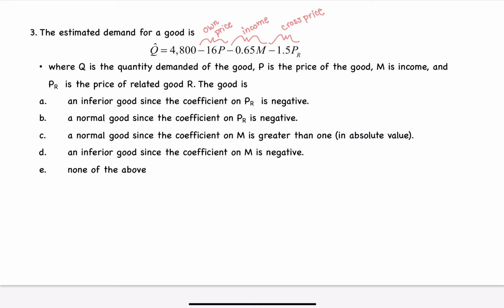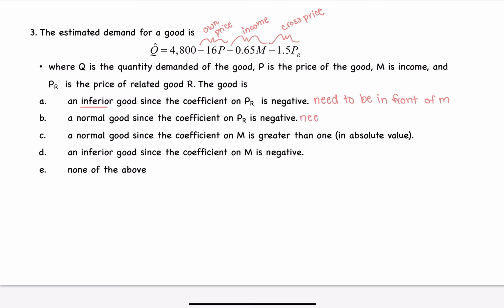So the good is an inferior good since the coefficient of PR is negative. If it's an inferior, we don't care about the coefficient in front of PR. It would need to be in front of M. So same thing with this.